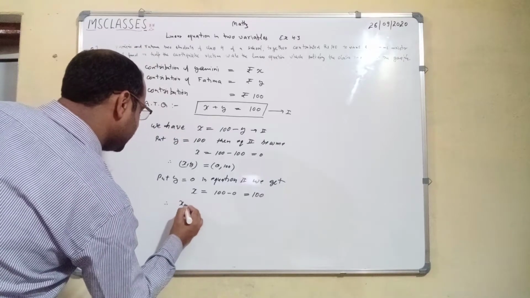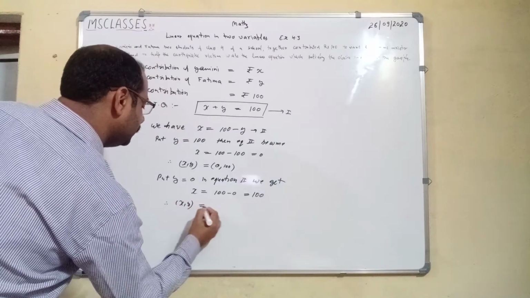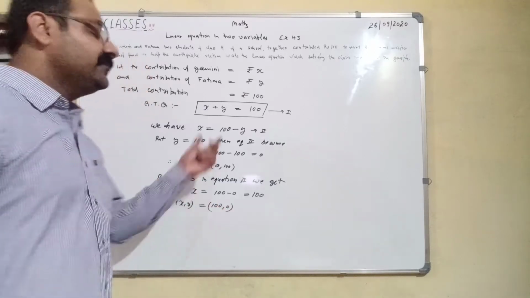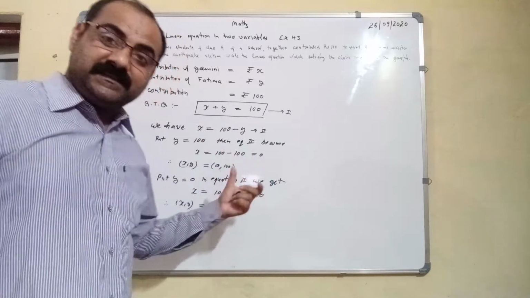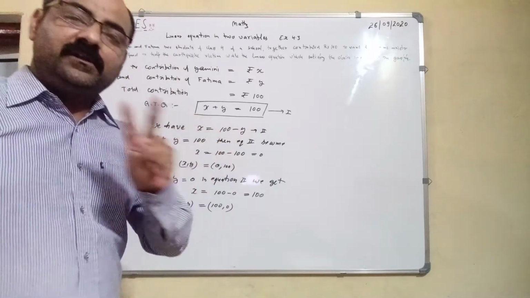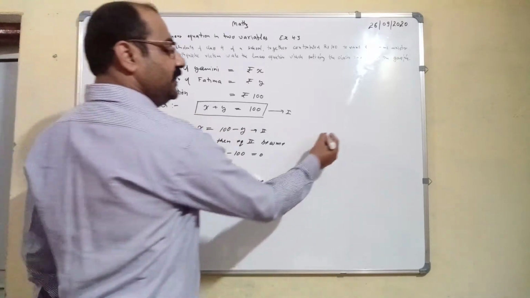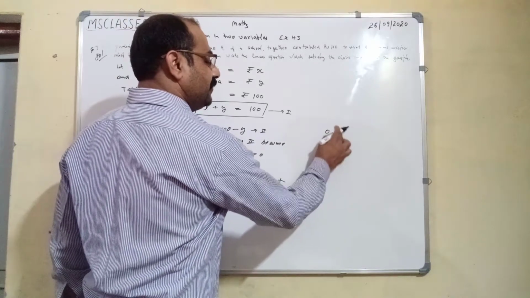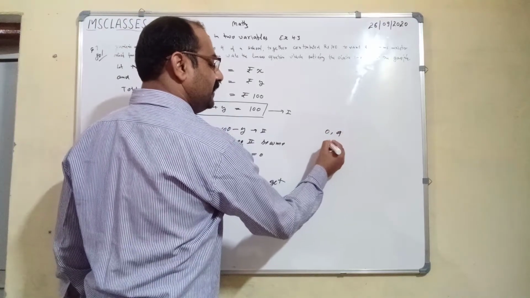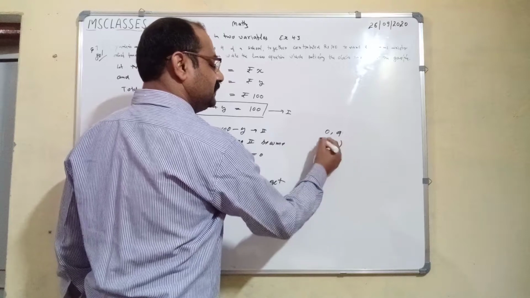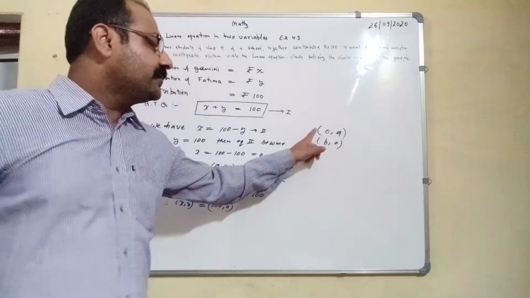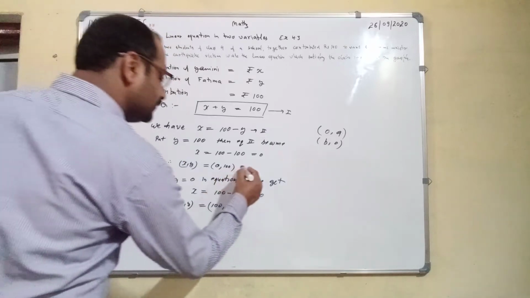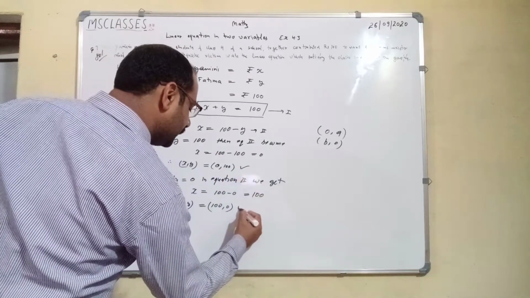Therefore X comma Y is equal to 100 comma 0. Guys, this type of question is very easy. You have to make only two coordinates: 0 comma something and something comma 0. So this is very easy. So 0 comma 100 and 100 comma 0.